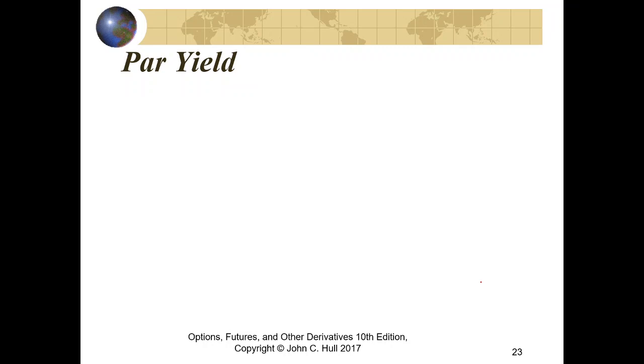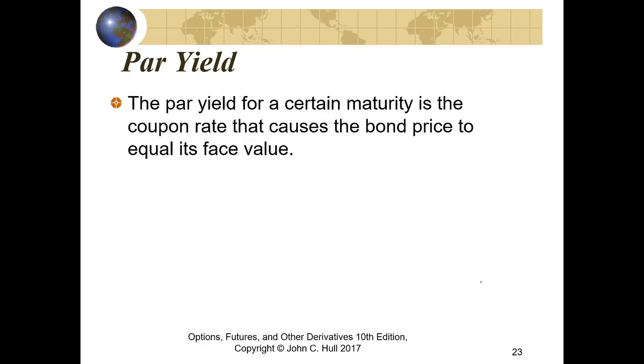So we learned about the zero rates, we learned about the bond yield. Now we learn about the par yield. The par yield is basically the coupon rate that makes the bond price equal to its face value.